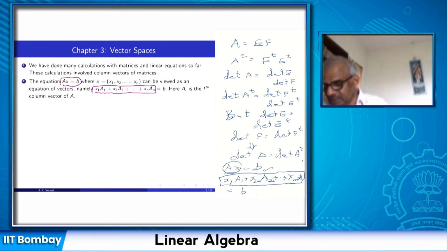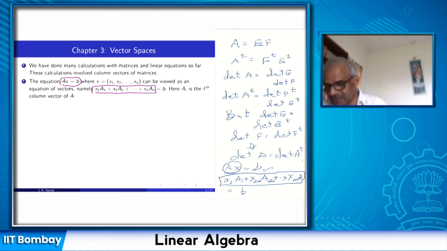So the left-hand side of this equation is indicating that we should actually look at all possible linear combinations of a given set of column vectors. So the system of linear equations gives rise to the matrix equation Ax equal to B, and the given matrix has n column vectors. To see whether there is a solution, we look at the space of all linear combinations of the n column vectors.